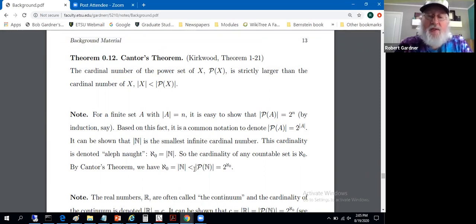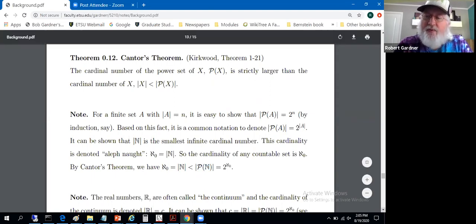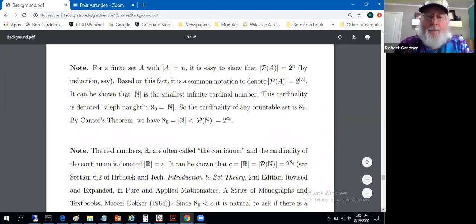So we get the inequality there. Using the notation here, we would denote this as 2 to the aleph naught, because it should be denoted 2 to the cardinality of the set of which we're taking the power set. And that's the natural numbers, and the natural numbers have cardinality denoted aleph naught. So it's really just symbols for the most part.